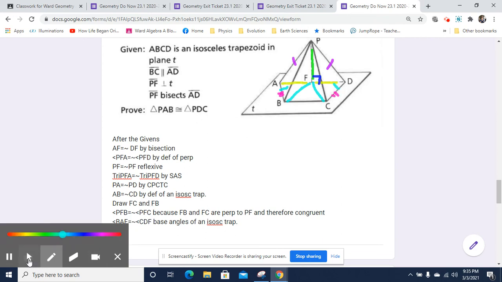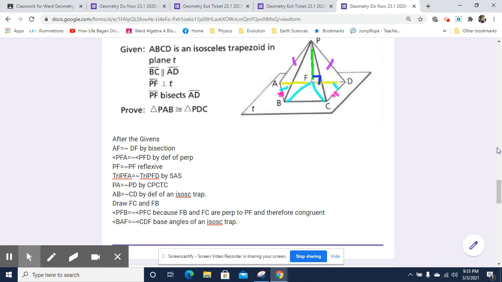So we can now prove that triangle ABF is congruent to triangle DCF, and that's going to be by side, angle, side.